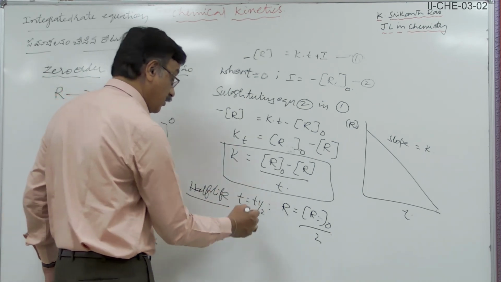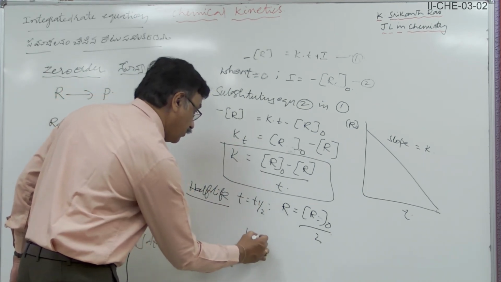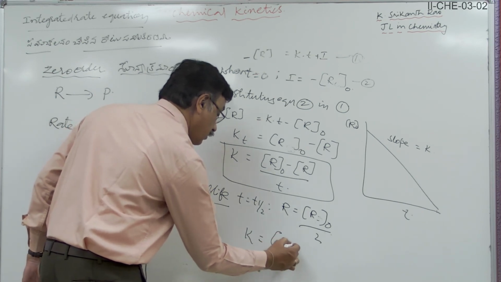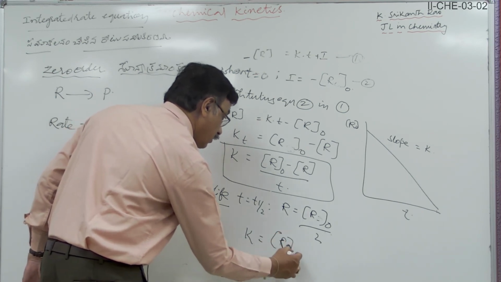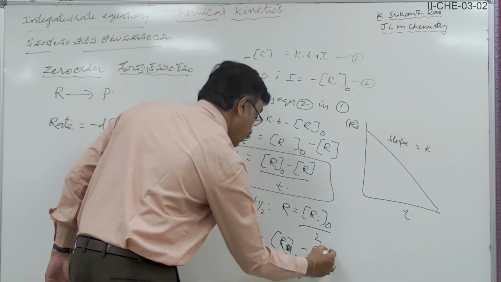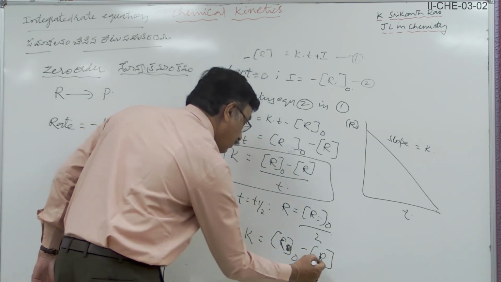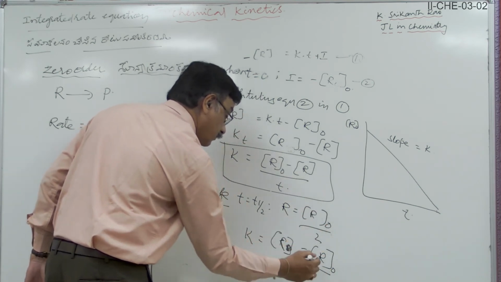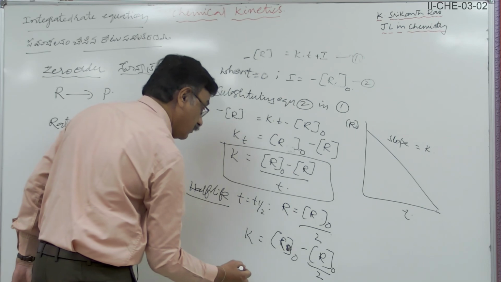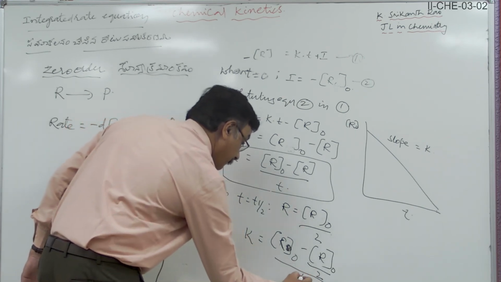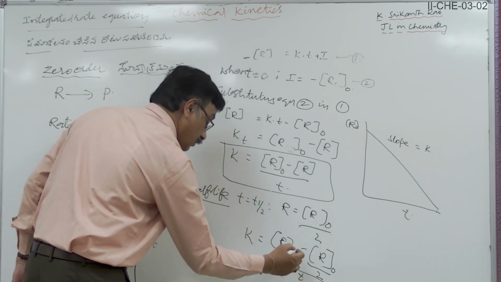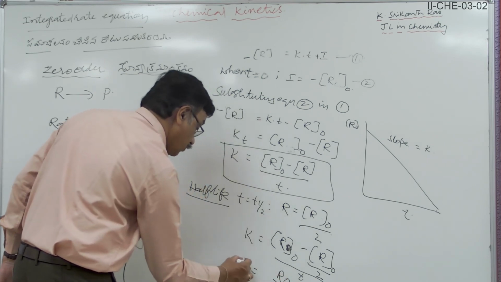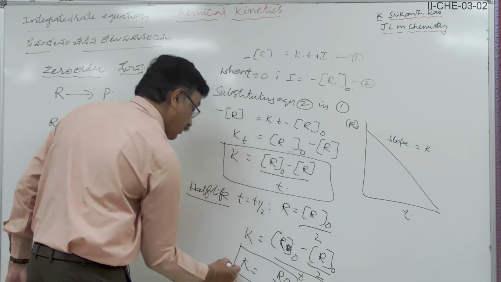Initial amount of substance is R naught, then if we divide by 2 it is R naught by 2. So substituting in this equation, k equal to R naught minus R, that R is nothing but R naught by 2. Substitute here by t. So R naught by 2t. So k equal to R naught by 2t.